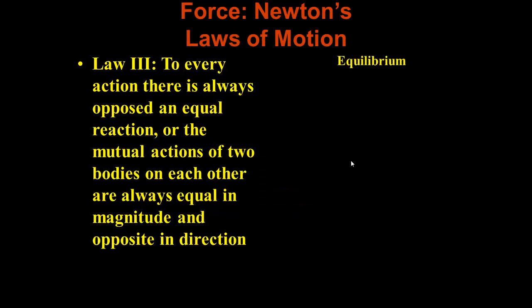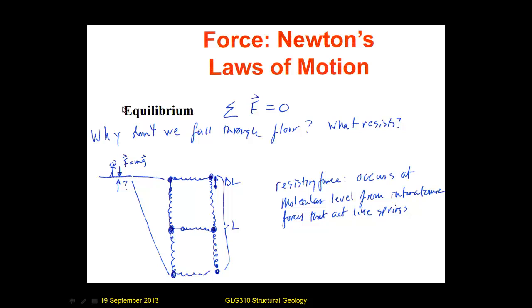So it's called equilibrium. You can ask, well, why don't we fall through the floor? What resists? So we have the sum of the forces. The sum of all the force vectors, remember it's directions, not just magnitudes, has to equal 0.